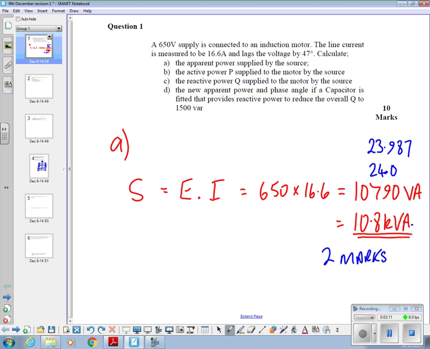You're showing that it's 24 exactly to 3 significant figures, the same 3 significant figures as all your other answers. That's good practice. I probably won't mark you down if you don't do that, but it shows that you're using the same level of accuracy throughout all your calculations. Okay?